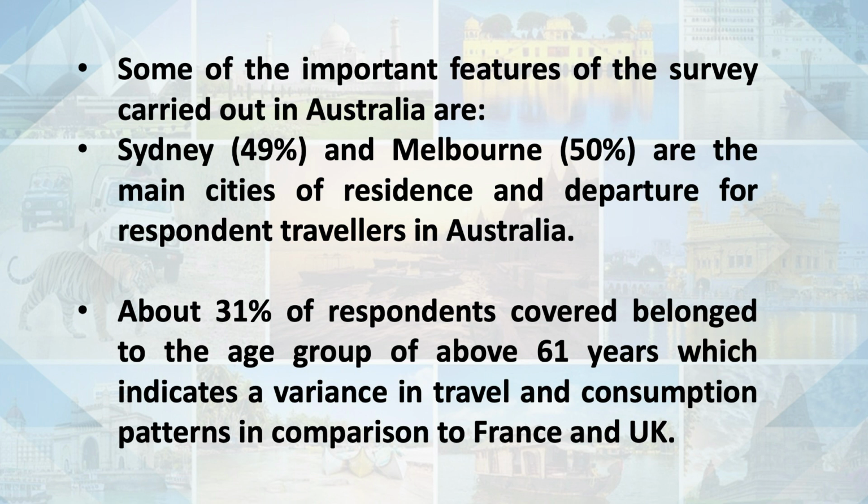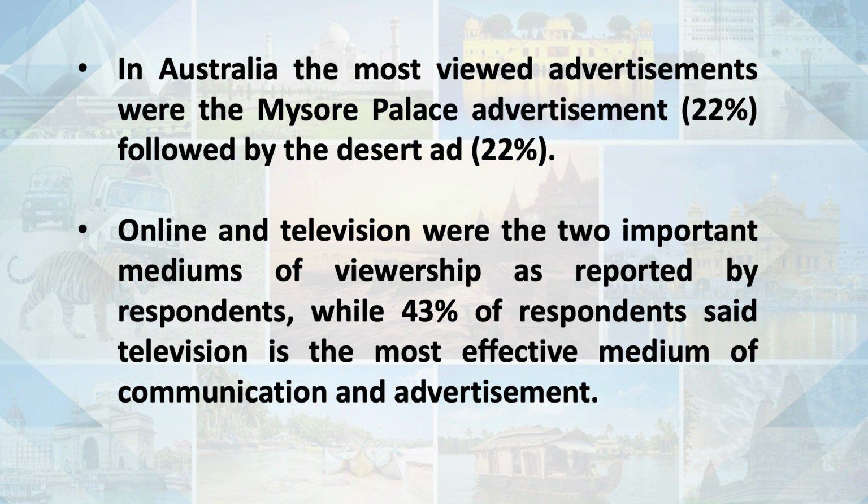About 31% of respondents belong to the age group of 61 years, which indicates a variance in travel and consumption pattern in comparison to France and the US. In Australia, the most viewed advertisement was the Mysore Palace advertisement. Almost 22% of people have followed, and then the desert one also.